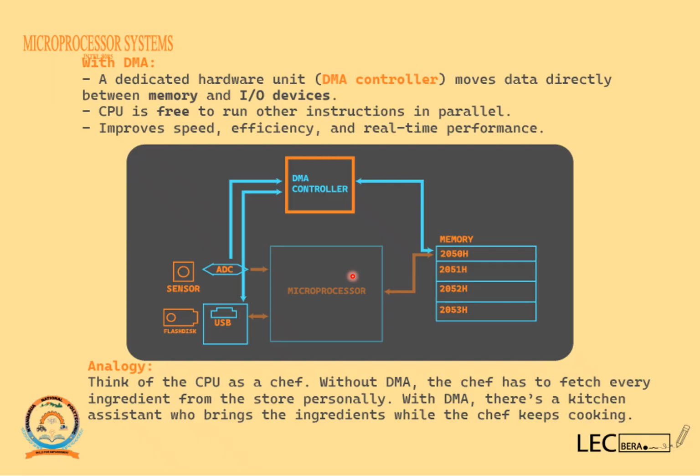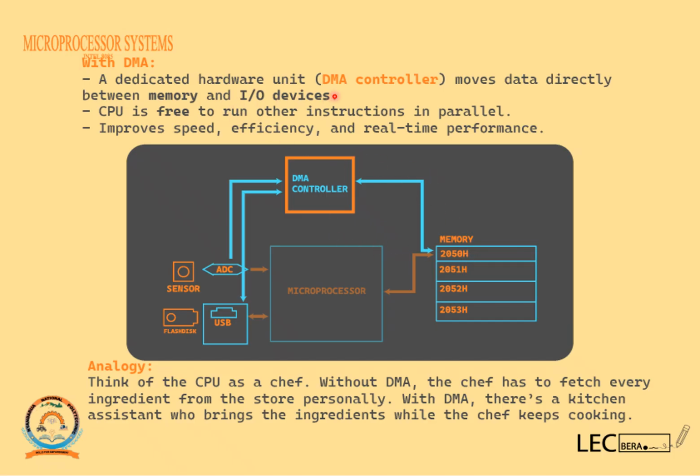But remember that it's not that the microprocessor is not going to be engaged fully. The microprocessor is going to initialize the first phase, whereby it's going to send some control signal to the DMA for the process to start, and even for the process to end. We are going to see that.